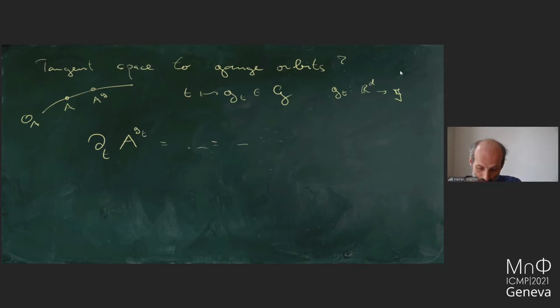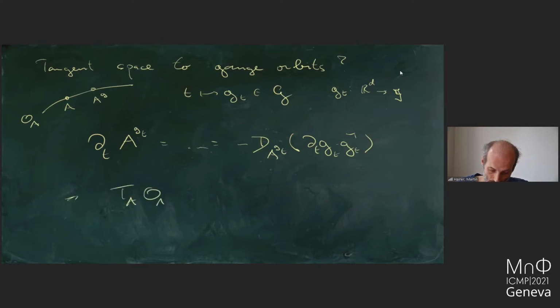What you find is that you get here minus the covariant derivative with respect to A^{G_t} of the time derivative of G. Now this is arbitrary because I just take here an arbitrary G, and so that tells me that the tangent space at A of O_A is actually all the elements of the form D_A H with H a function from R^d into the Lie algebra.